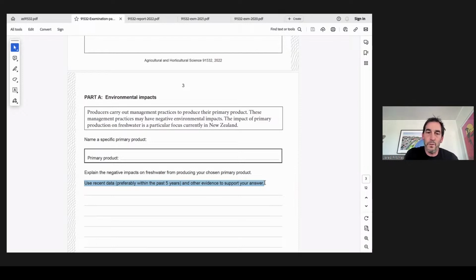So this is where hopefully you're able to talk about perhaps the number of jobs that are reliant on your farm system. You could jump onto Dairy NZ and they'll tell you how many jobs on farm and then off farm exist because of dairy farming. So if we took away dairy farming or had less production on dairy farms because we're trying to reduce the amount of greenhouse gas we produce, that's an impact on employment for those people.